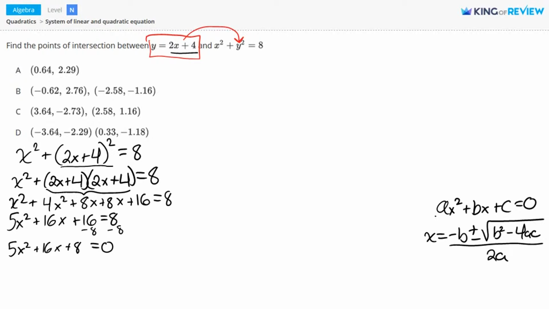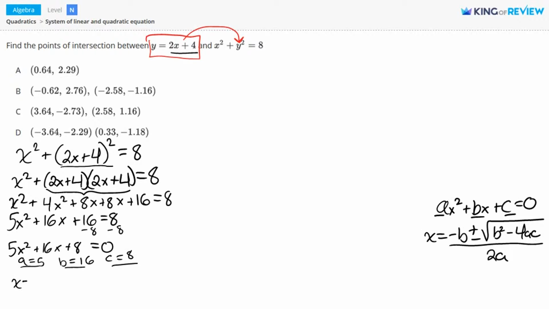The a, b, and c values come from these numbers here. So on our equation, a equals 5, b equals 16, and c equals 8. Let's plug these three values into the quadratic equation.